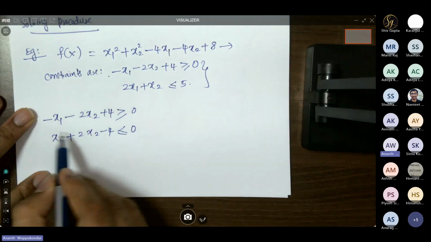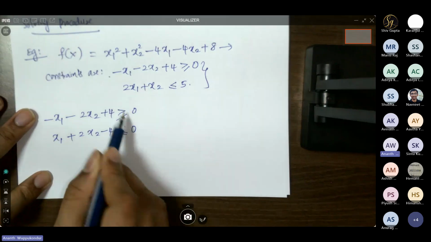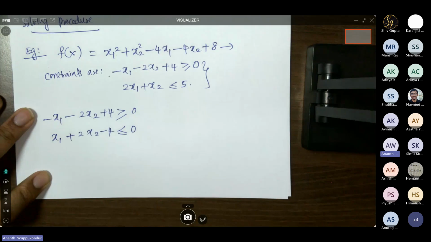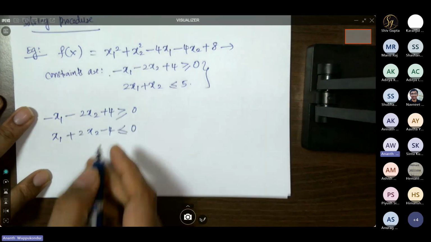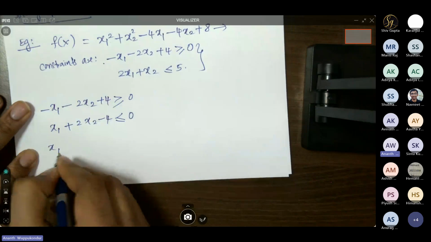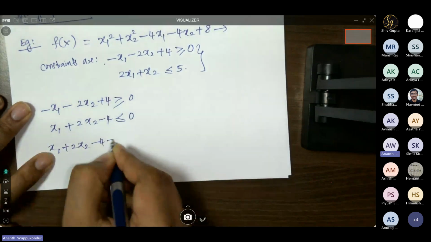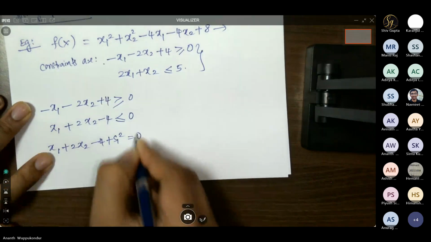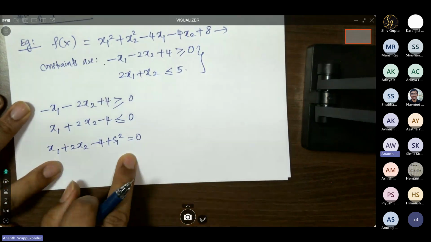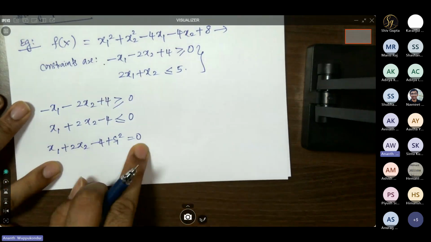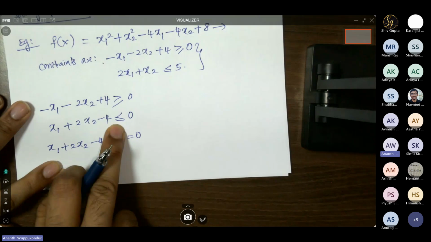I simply multiply with minus 1, so greater than or equal to 0 converts into less than or equal to 0. Then I introduce a new parameter, s1 square, so now you can see I have eliminated the inequality and made it an equality, equal to 0.